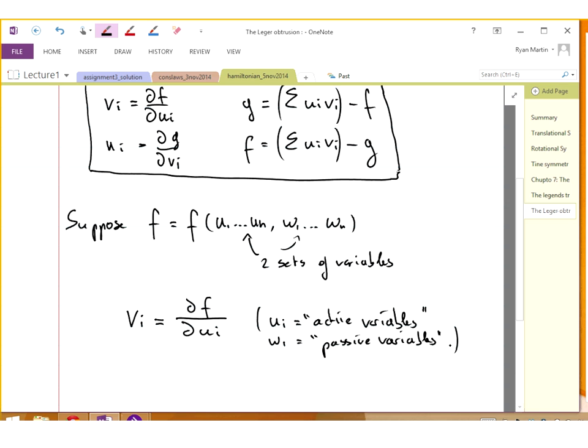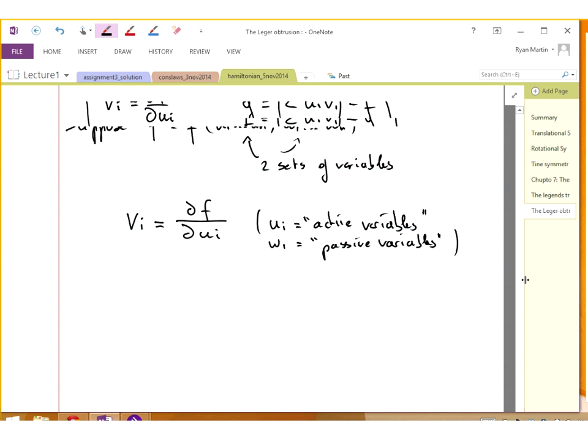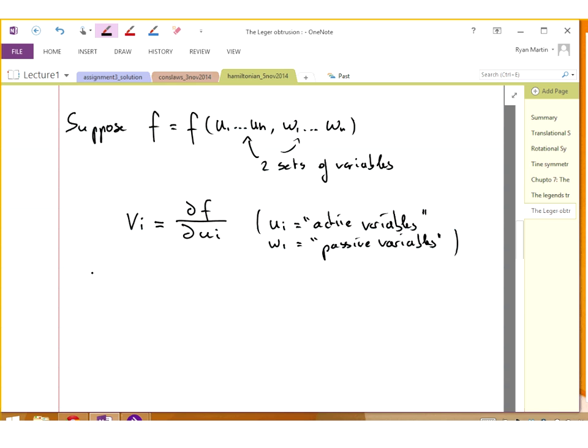The active variables are the ones that, eventually you'll see, we get rid of, and we transform from the u's to the v's. And the w's, as we'll see, are unaffected. Okay?